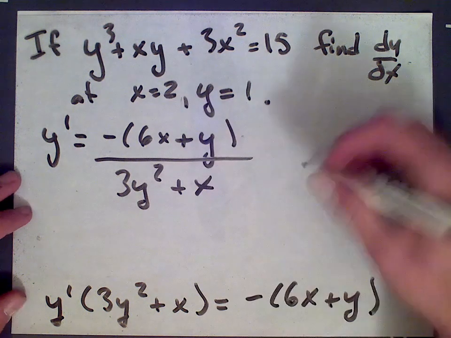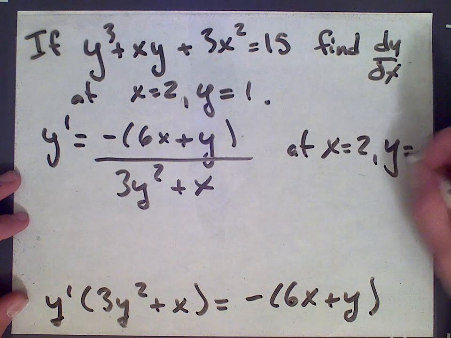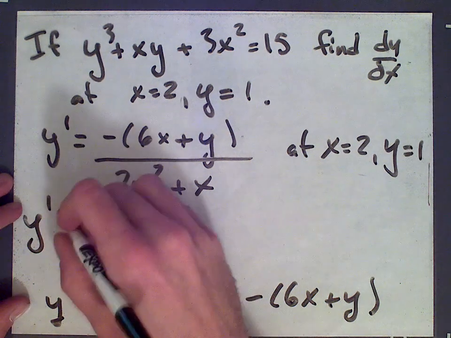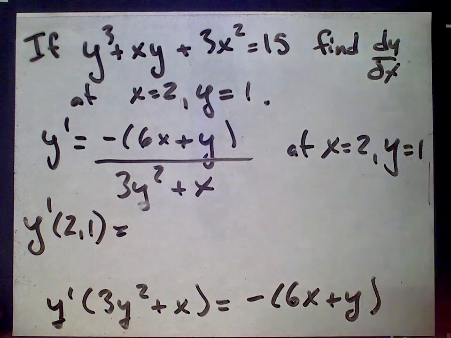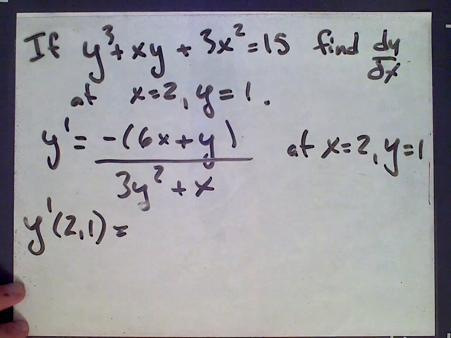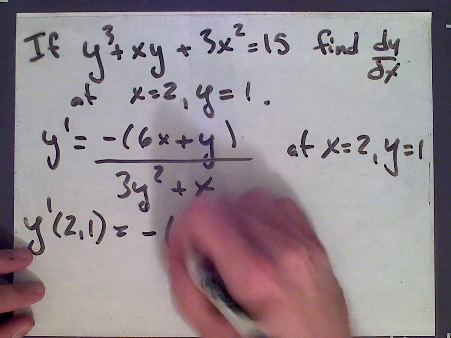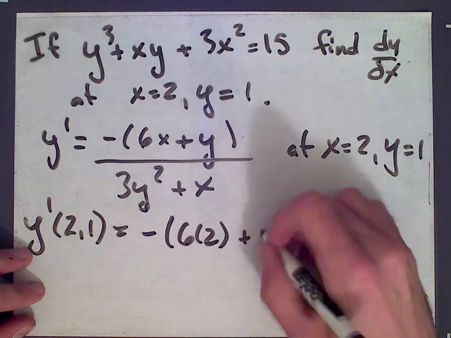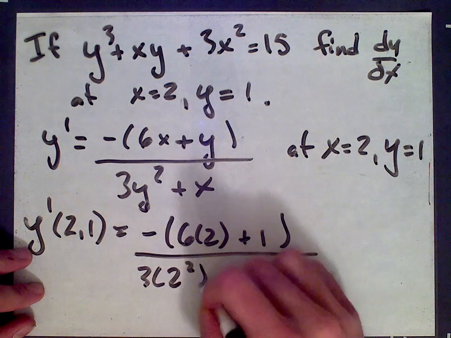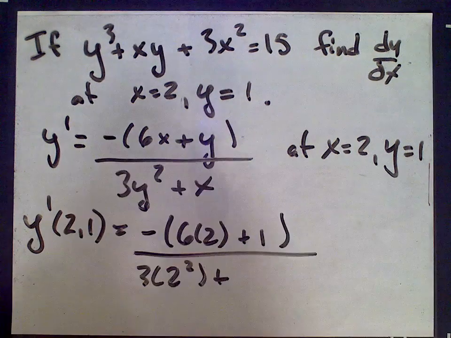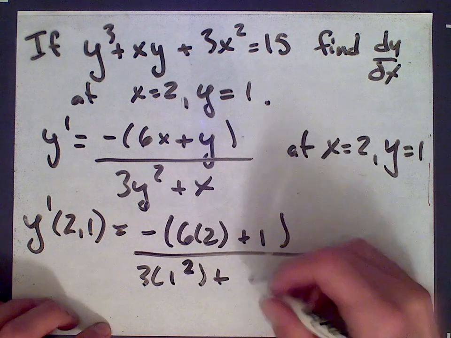Now we're going to plug in the points. At x equals 2, y equals 1, y prime at (2, 1) equals negative (6 times 2 plus 1) divided by (3 times 1 squared plus 2).